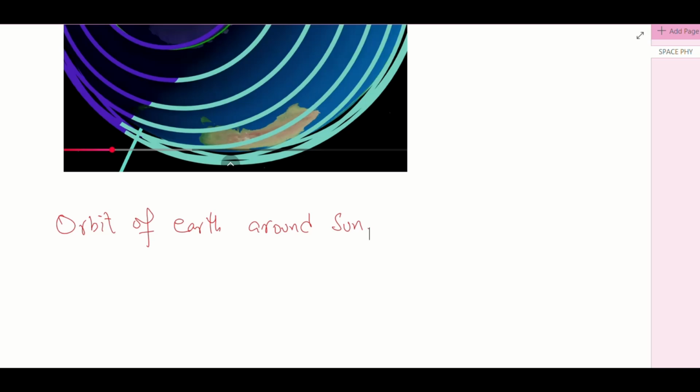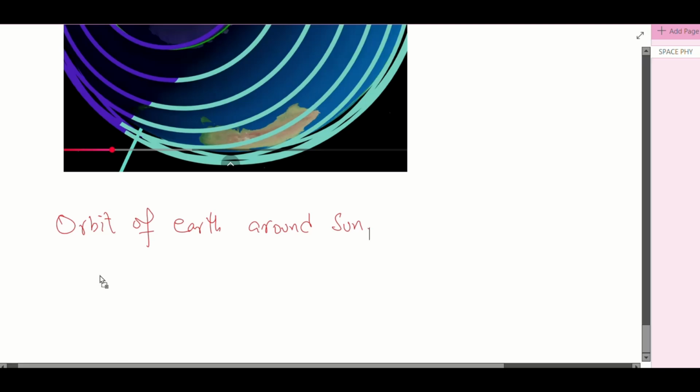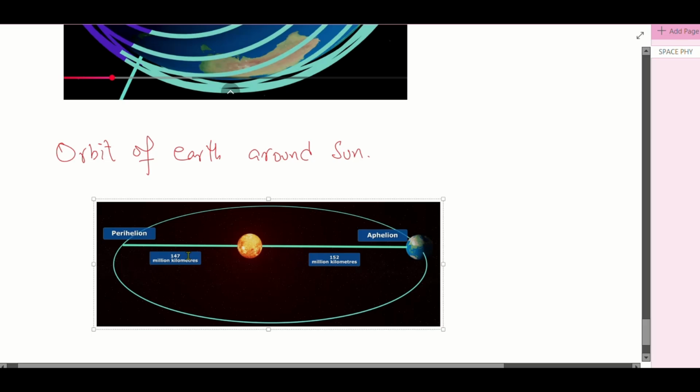Okay, now if we consider the overall orbit of the earth around the sun, it's not a perfect circle, it appears in an ellipsoidal way. So the reference image is here.